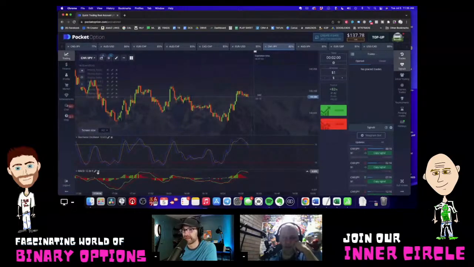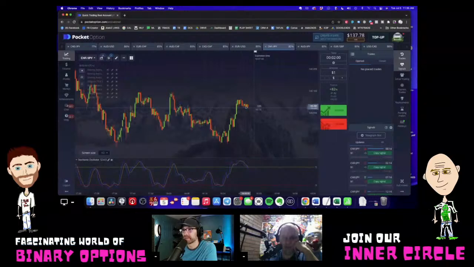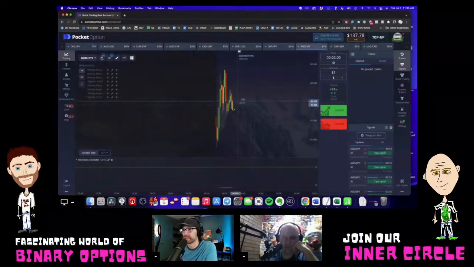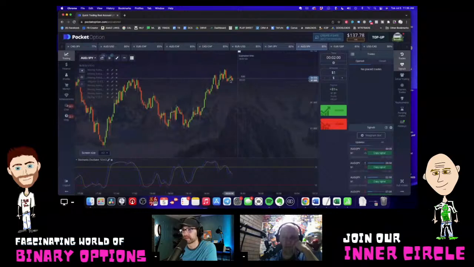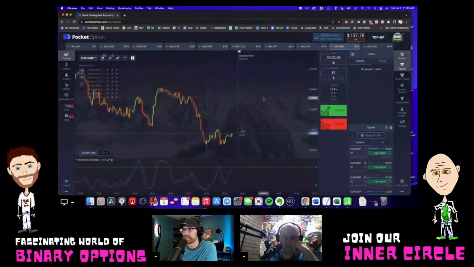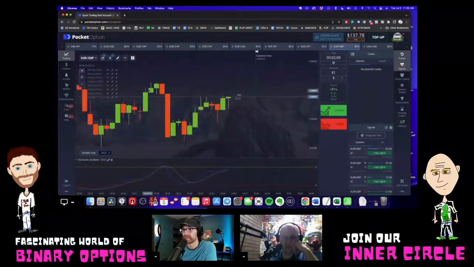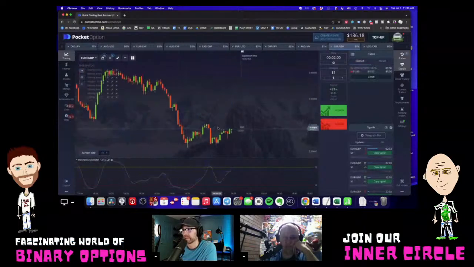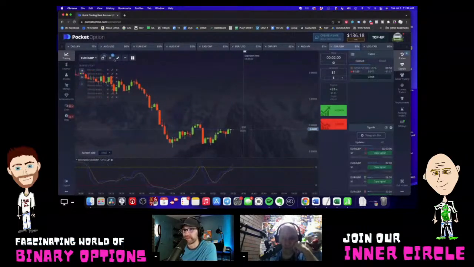I have to turn off the MACD because I honestly just want to trade these charts with just the method that I was saying: if it hits this line once, it goes down, goes up, and hits this line again, if it hits the line a second time and it's oversold, then you can take it.